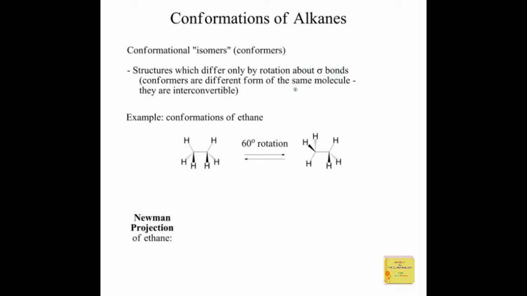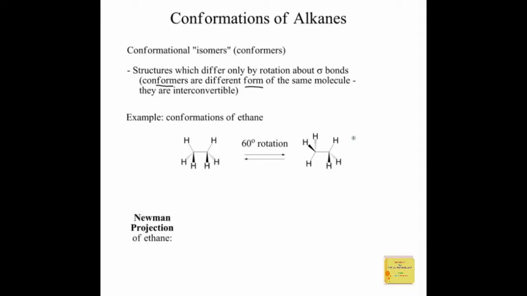Okay, so conformers are different forms of the same molecule. And they are interconvertible because the way we go from one to the other is simply by rotation around a sigma bond. So for example, conformations of ethane. If we take a look at an ethane molecule, we have just a 2-carbon structure, this is a CH3, this is a CH3.